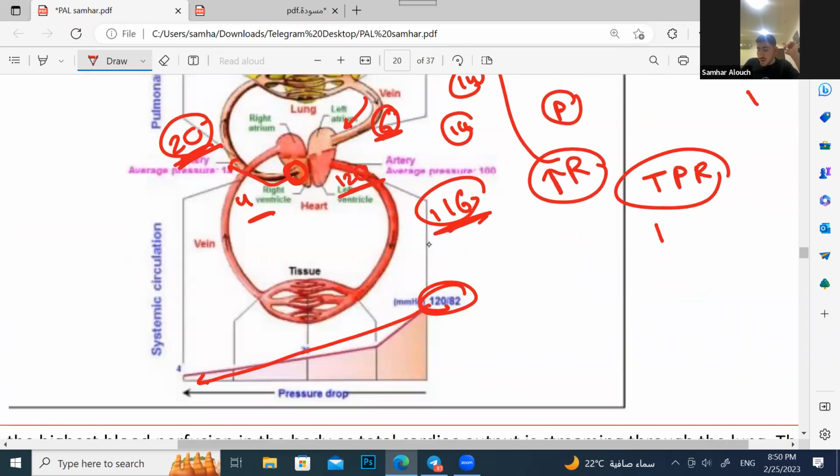The systemic circulation resistance is way higher than the pulmonary circulation resistance, and it is 16 times higher.